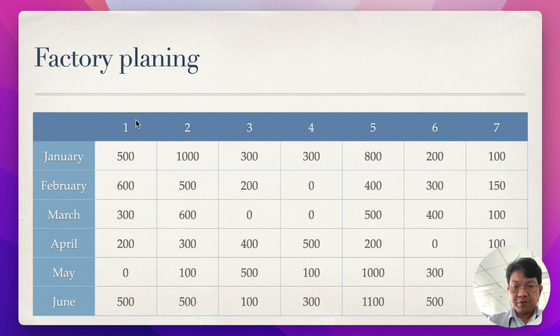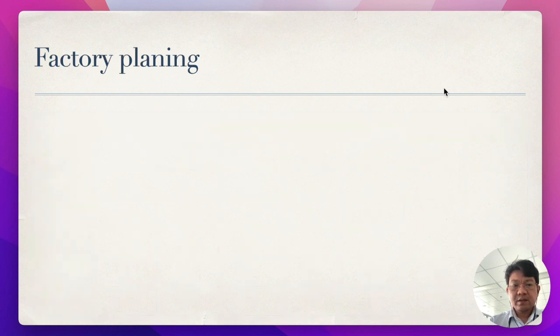For example, for product 1, the market requirement is 500 in January, February 600, in March 300, April 200, May will be 0, and in June 500. Okay, and you have this kind of information for product 2, product 3, product 4, product 5, 6 and 7.